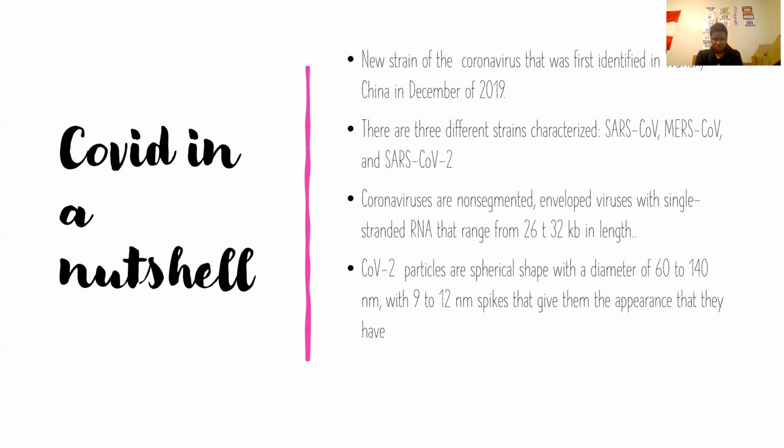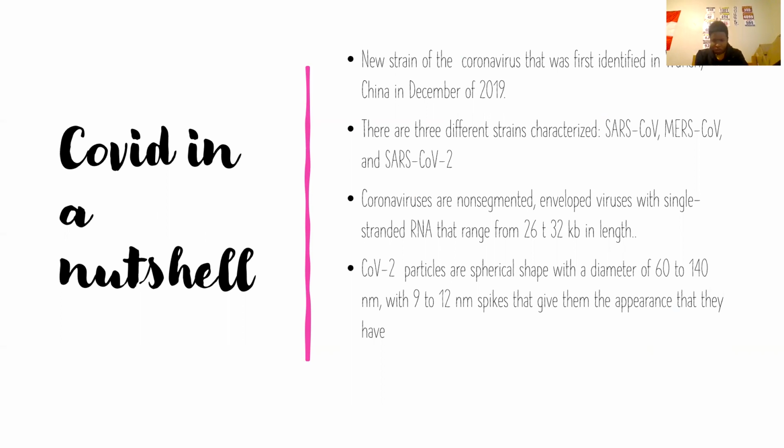As for the structure of the virus itself, COVID is non-segmented and has enveloped viruses that contain a single strand of RNA that ranges from 26 to 32 kb in length.